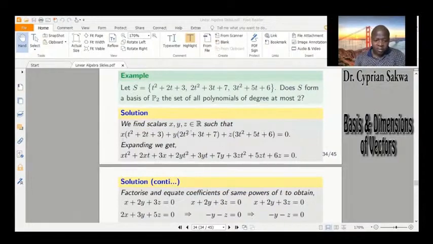So let's just expand this. This will give us t squared x, 2tx, 3x, 2t squared y, 3ty, 7y, plus 3t squared z, 5tz, and then 6z is equal to 0.